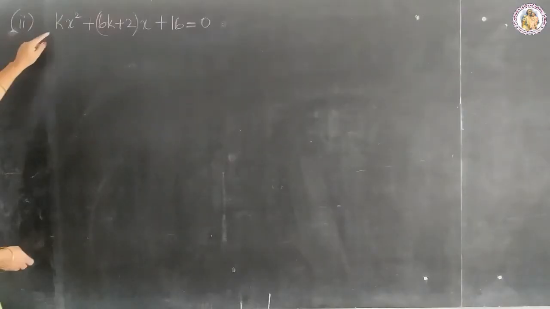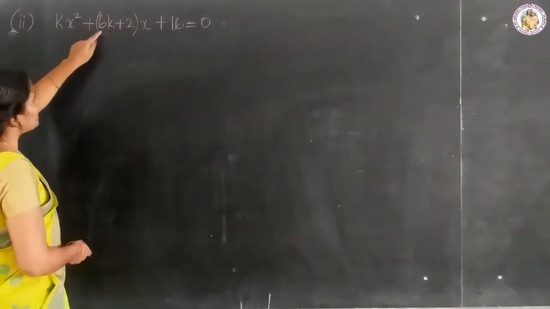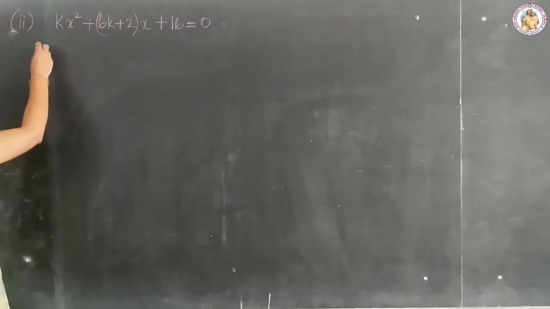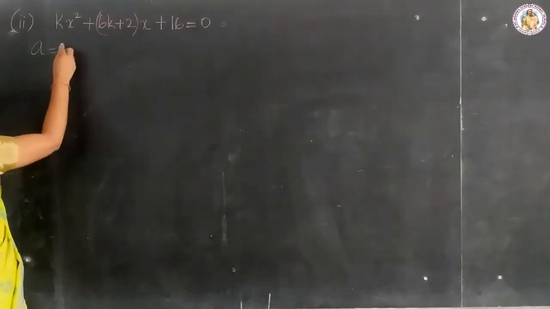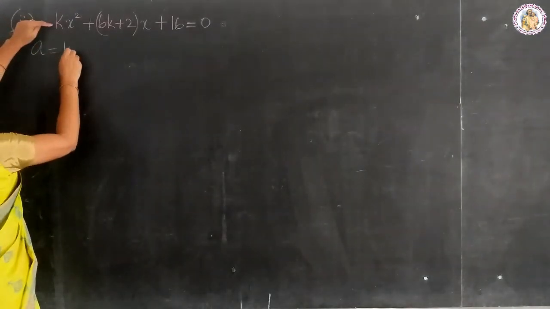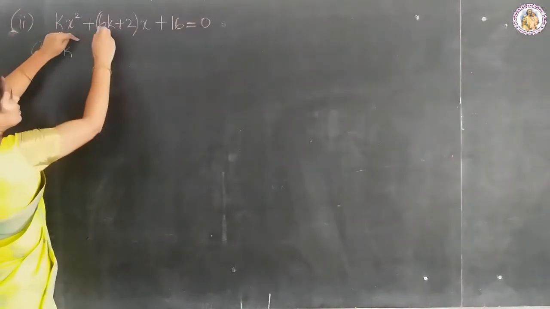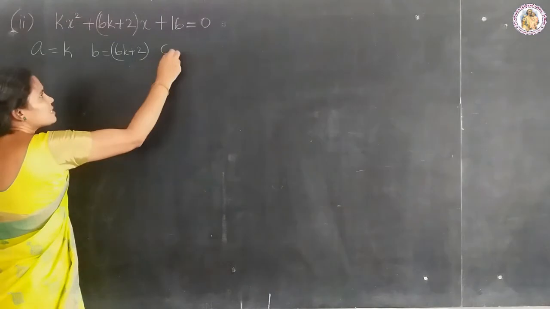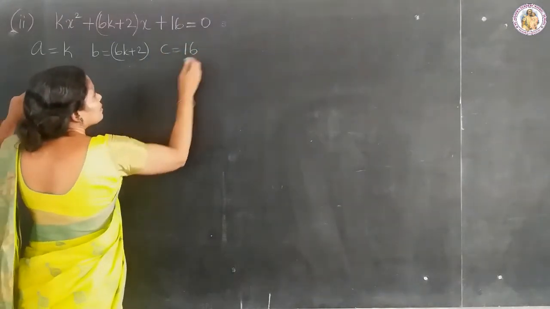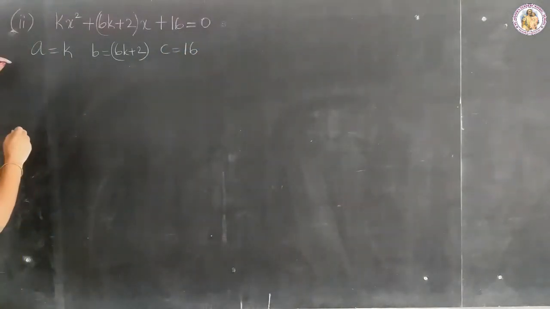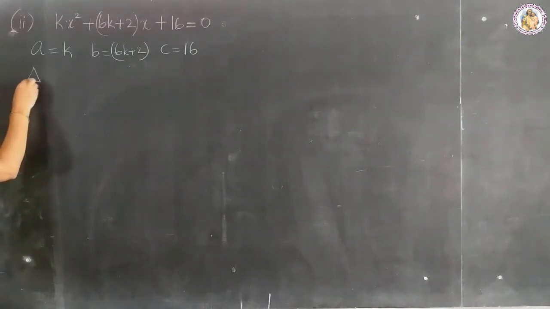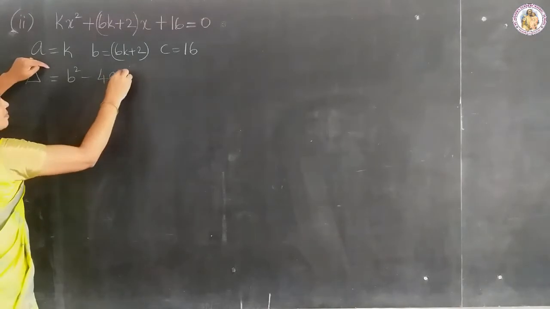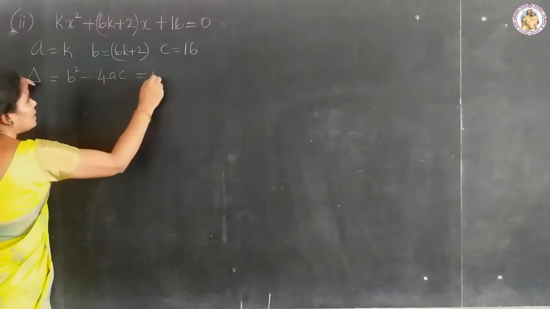Question number 2: kx square plus 6k plus 2x plus 16 is equal to 0. Here taking a is equal to k, b is equal to 6k plus 2, and c is equal to 16. Since it is given as real and equal, we have to take discriminant b square minus 4ac is equal to 0.